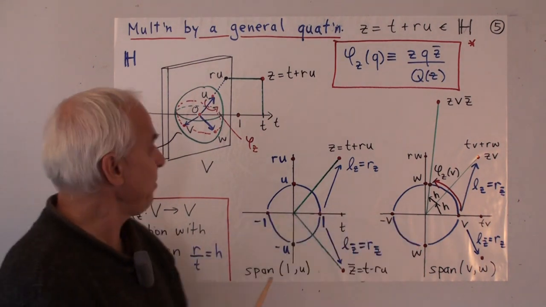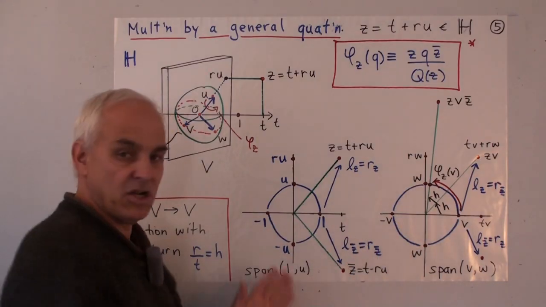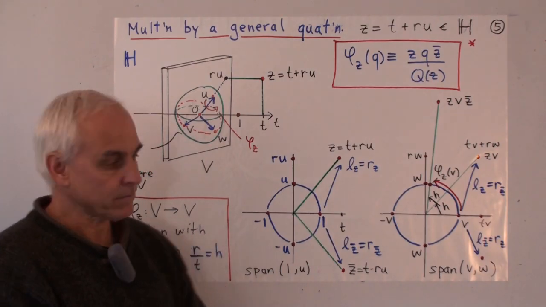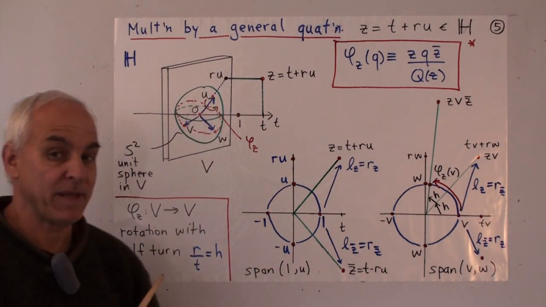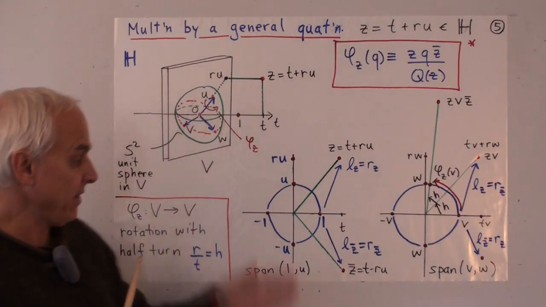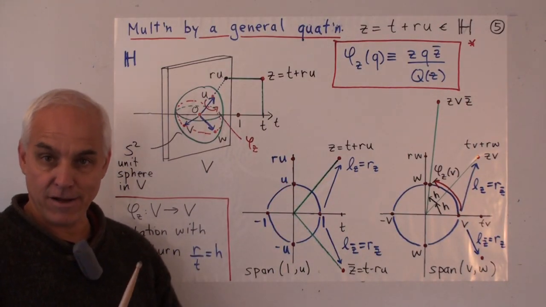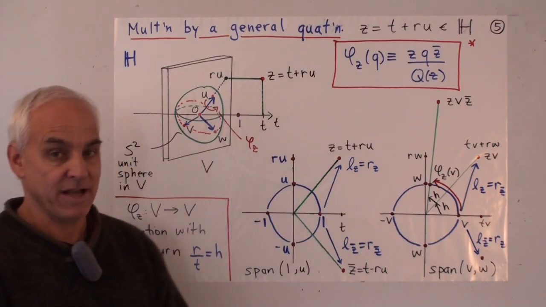And the other plane is the plane spanned by v and w. So these are exactly the same two planes that we were talking about last time. Now we know what multiplication by u does in this plane. It's just a quarter turn, just like multiplication by i in complex numbers.